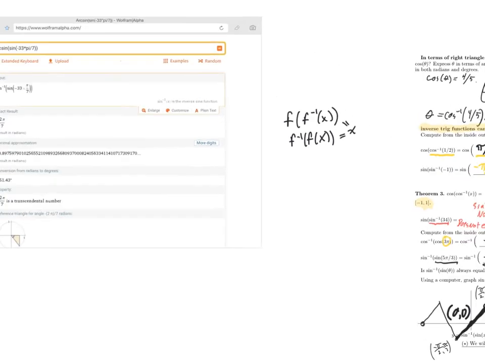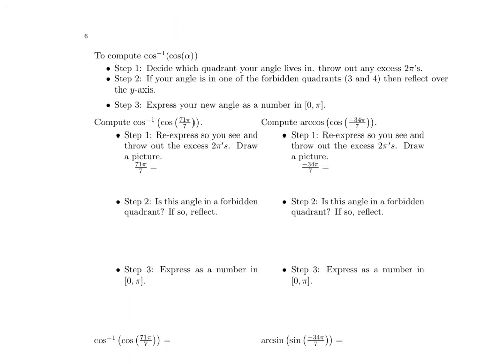So the last thing that I want to do is something very similar, but for cosine instead. Let's try to compute the cosine inverse of the cosine of any angle, and we'll follow really similar steps. If I want to compute the inverse cosine of the cosine of 71 pi over 7, first I'll rewrite 71 pi over 7 so that I see some excess 2 pi's that I can throw out.